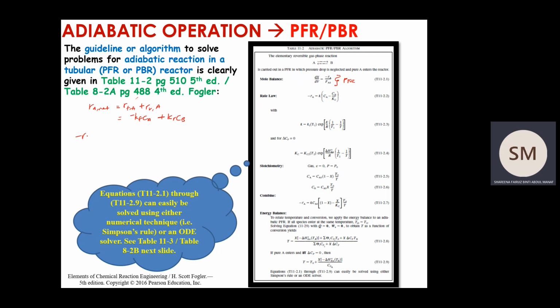So the negative rA net is equal to kF CA minus kR CB.